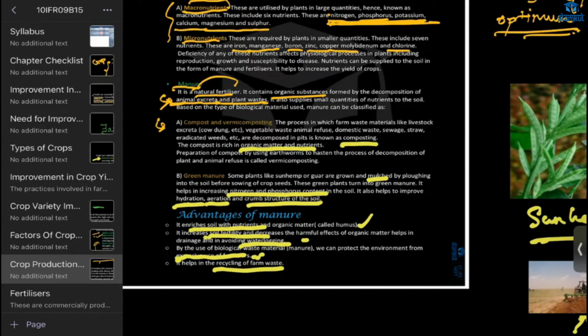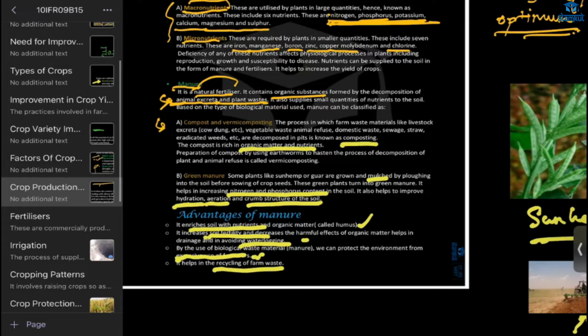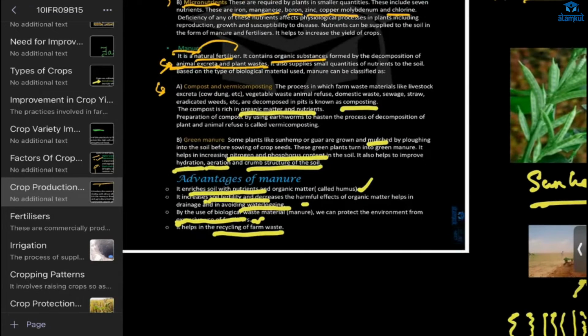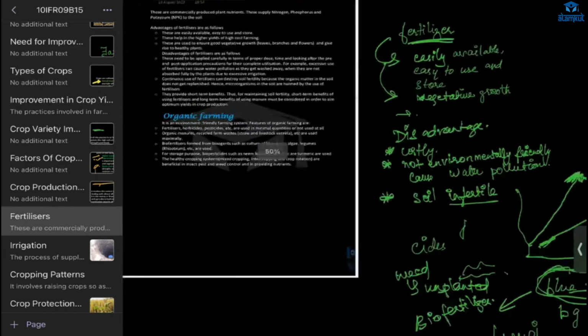Okay. Next, what is the advantage of manure? It's cost effective. It also won't spoil the water or the soil. Yes, correct. And next we have the fertilizer.